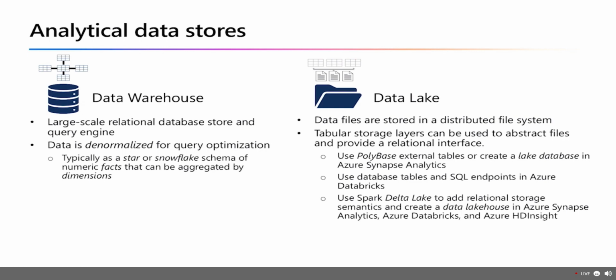Commonly, the data from a transactional store is denormalized into a schema in which numeric values are stored in a central fact table, which is then related to one or more dimension tables that represent entities by which the data can be aggregated.